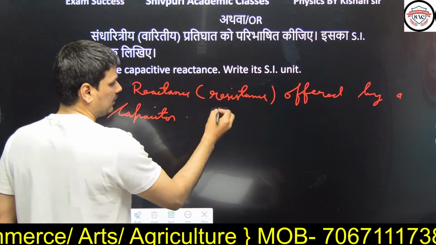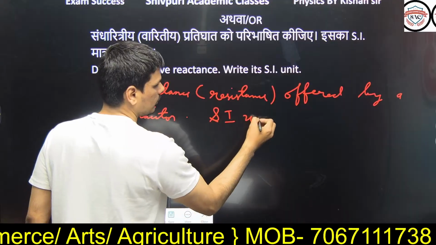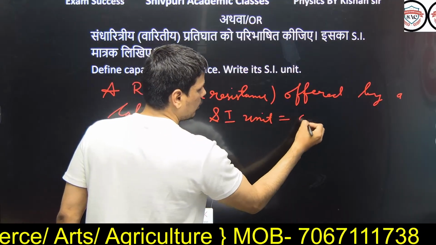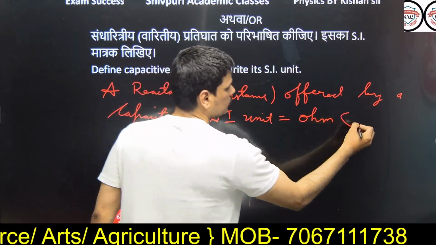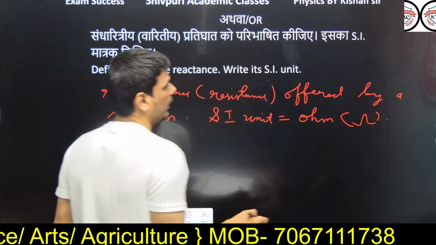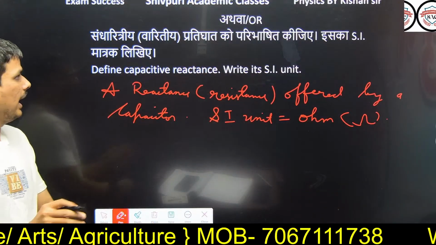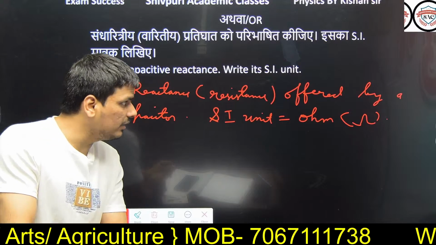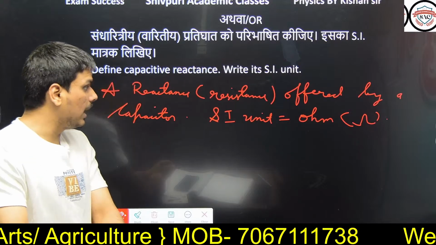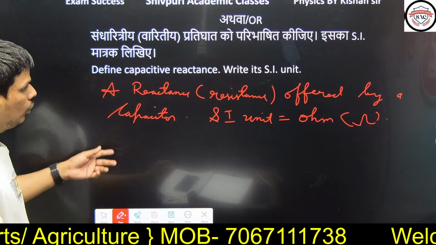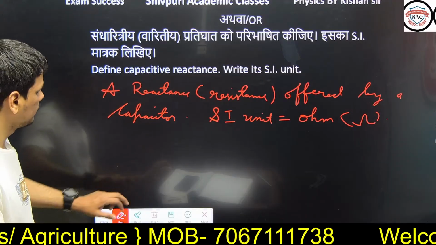Its SI unit will be ohm, since the SI unit of resistance is ohm. So its SI unit will be ohm, and the capacitive reactance is the resistance or reactance offered by a capacitor. So this should be our answer.